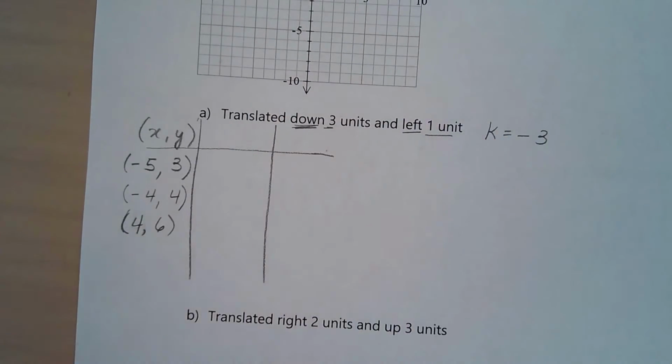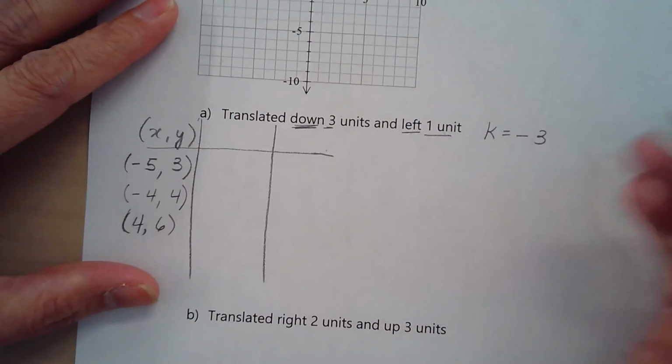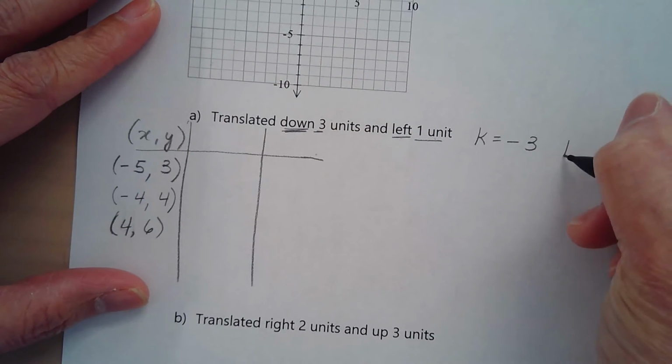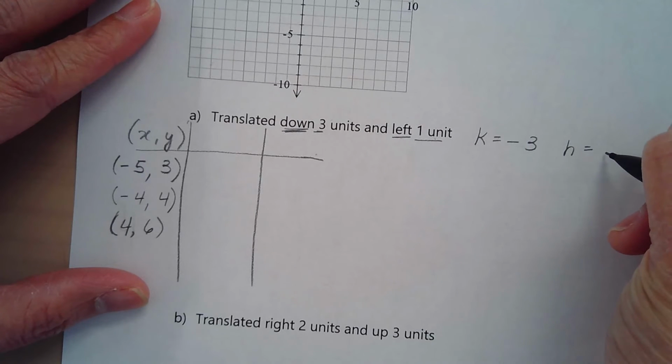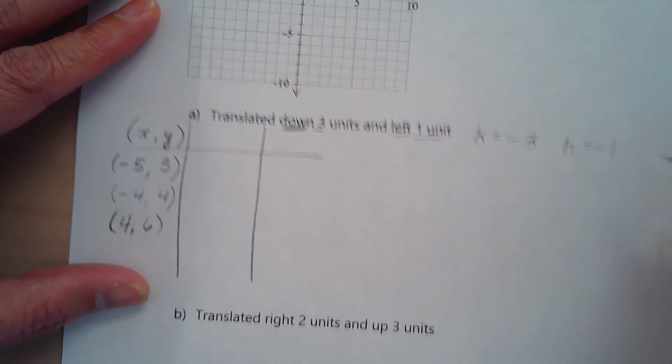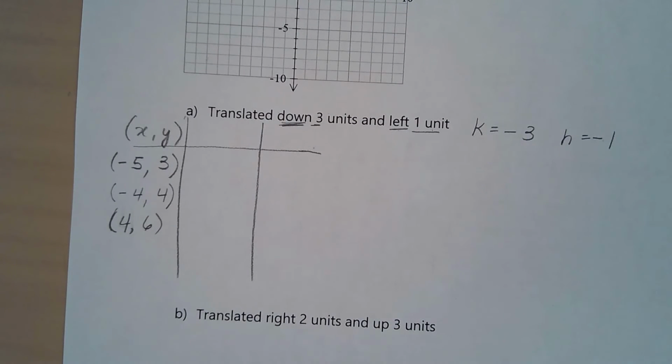So going back to this, down 3, that's the K value, so -3. Now going to the left 1 gives us H equal to -1, right? So down is negative, left is negative.